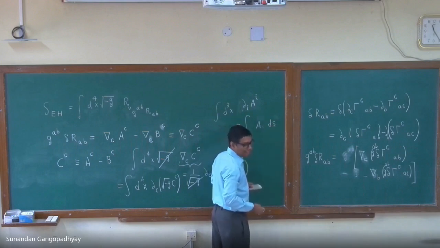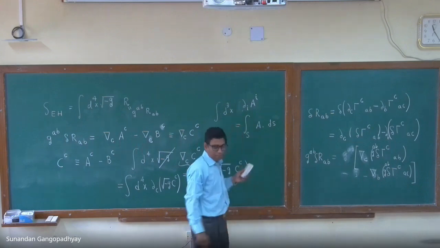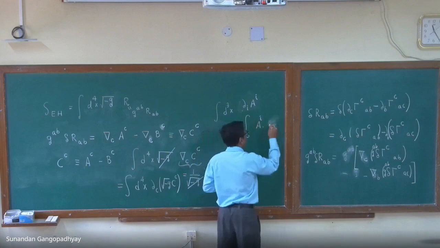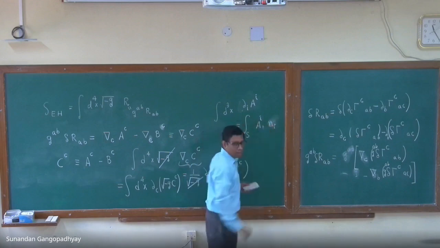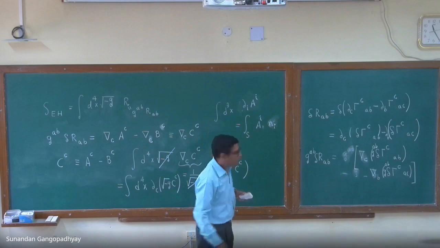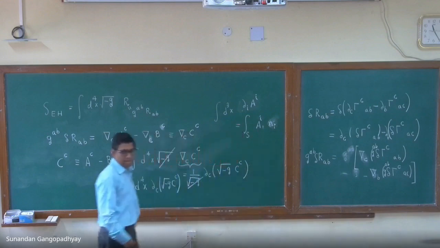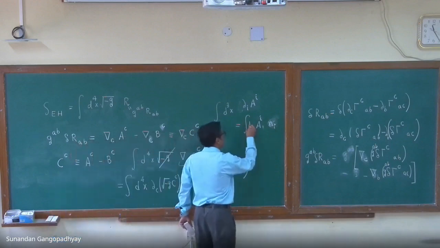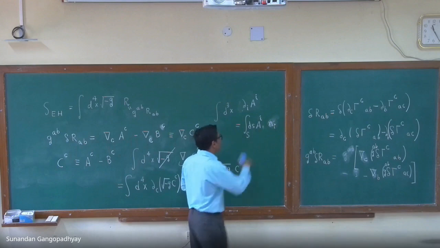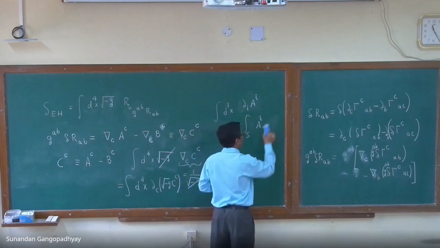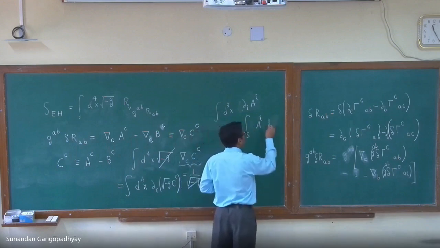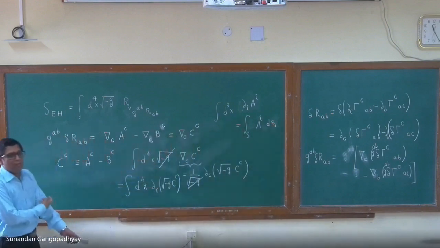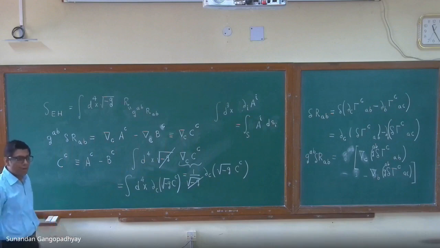There is a hidden dS. So what you can write down is dS_i. So this is the modern notation of writing down the Gauss divergence theorem that you have learned already.